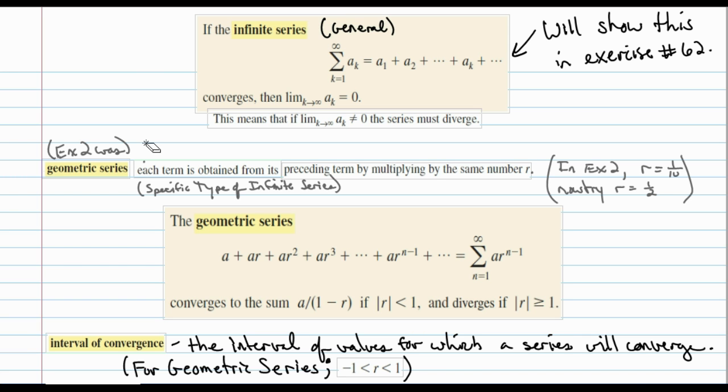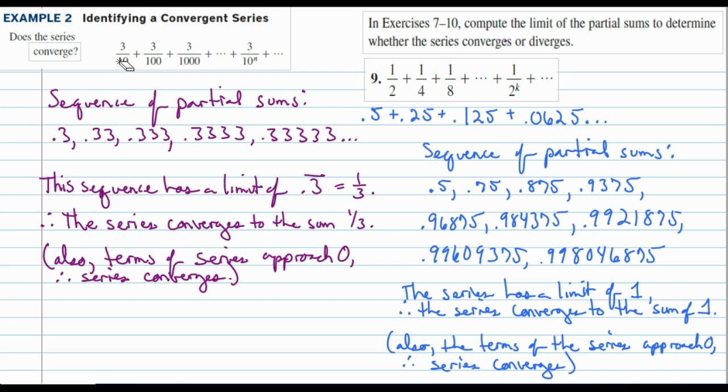Example 2 was a geometric series. Example 2, each term got multiplied by another 1/10. 3 was always there, but that denominator changed by a new multiple of 10, so 1/10 was the r value here. In the now try problem, each term got multiplied by 1/2, so the r value was 1/2.